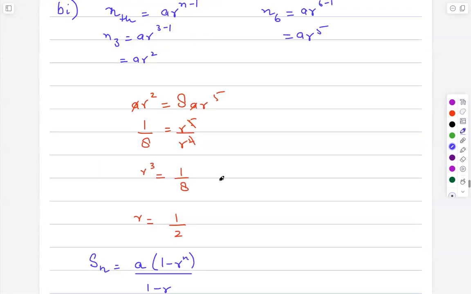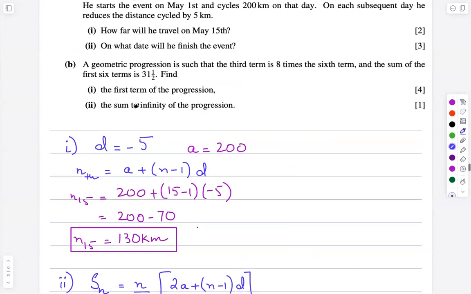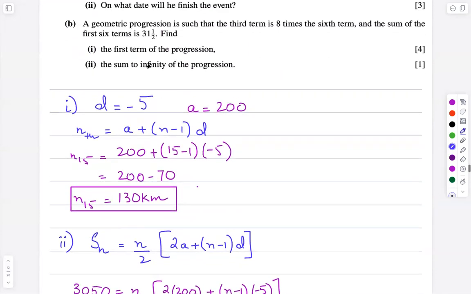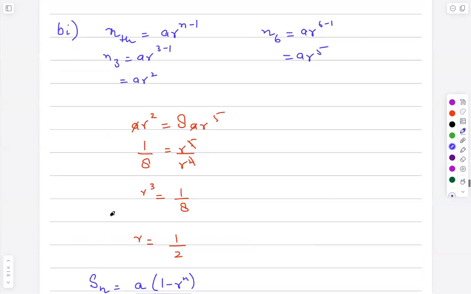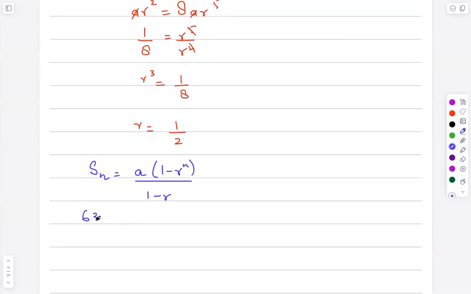The sum of the first 6 terms was given as 31.5. So we can write this as 63 upon 2 is equal to a into 1 minus 0.5 to the power 6 divided by 1 minus 0.5.